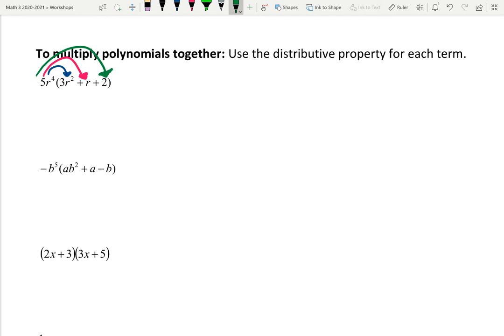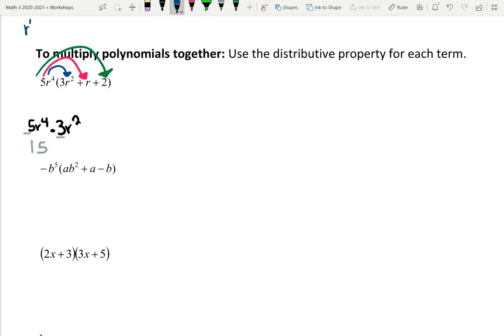Now, I have to multiply 5r to the fourth times 3r squared. Traditionally, I know 5 times 3 is 15. But it's been a while. Is it going to be r to the 6? Is it going to be r to the 8? I'm not too sure, so I'm going to look at it in expanded form.